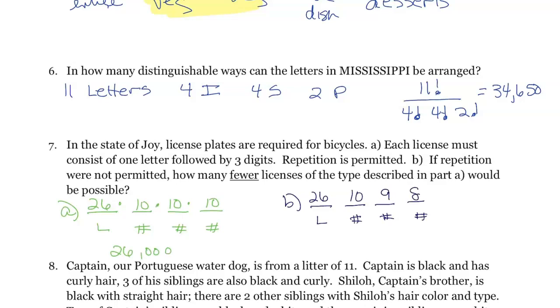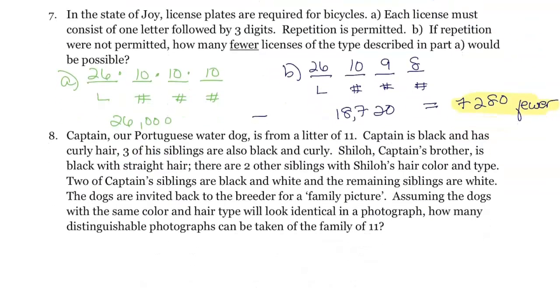Okay, that number is 18,720. So you need to subtract 18,720 from 26,000, and you get 7,280 fewer license plates. Okay, so this is your actual answer. So make sure you're reading the question.